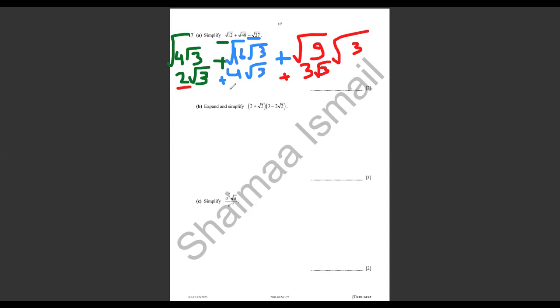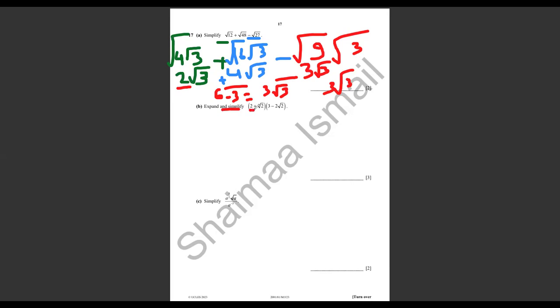So 2 plus 4 equals 6, minus 3 equals 3. It is a common root 3, so the final answer is 3 root 3.